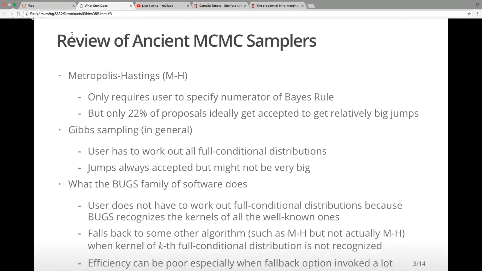BUGS had pattern recognition built into it, and so it could recognize kernels for distributions that it knew how to draw from, and it would do that whenever it could. And it had some other things that it could fall back on when it didn't recognize the kernel that it was trying to draw from.